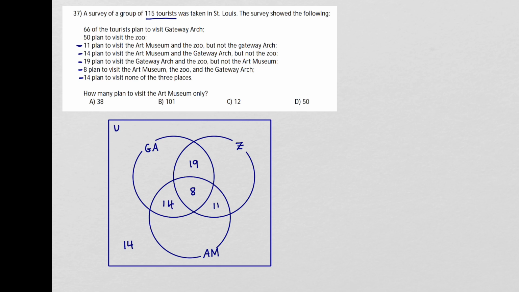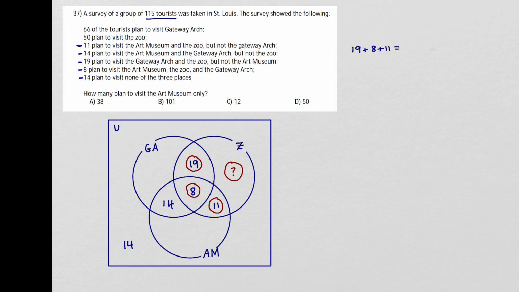Okay. And then 50 go to the zoo. So that means that I need these plus these plus these plus whatever is here to add up to 50. So I'm going to go off to the side and I'm going to say, what is 19 plus 8 plus 11?